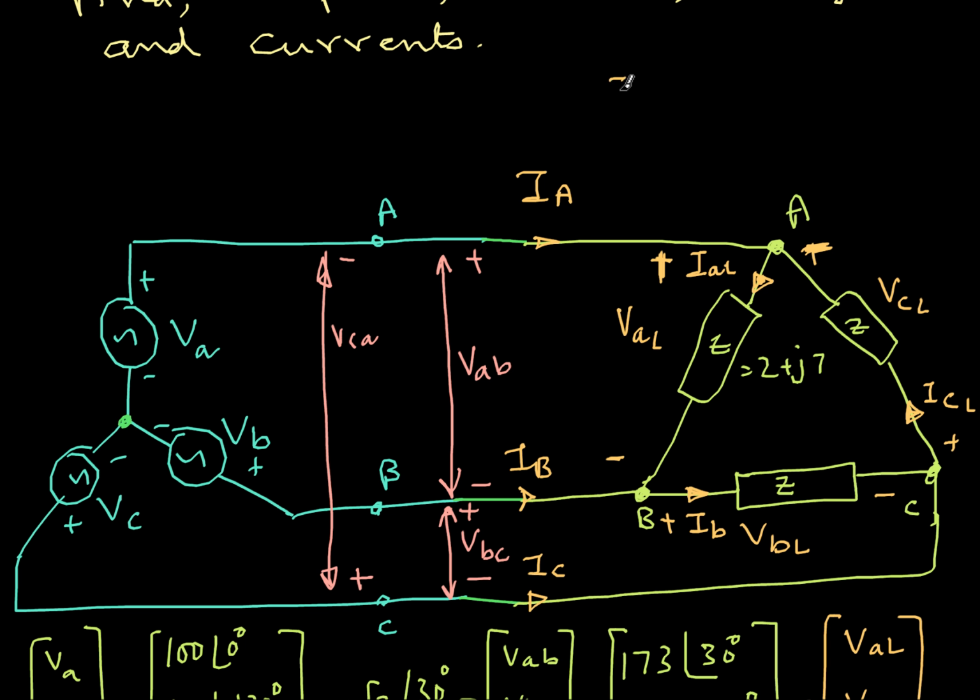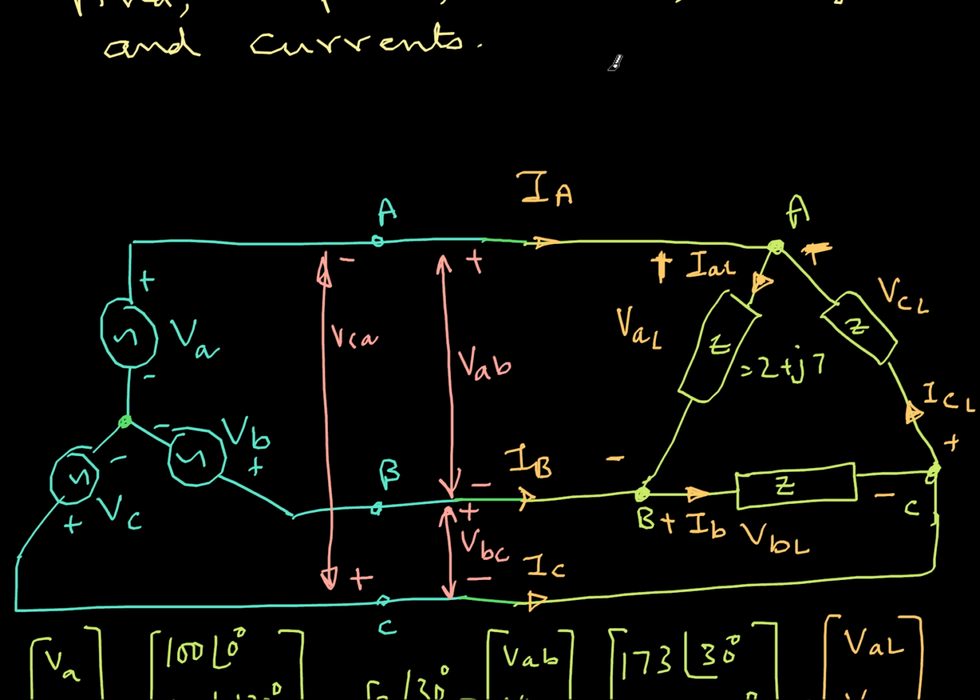Let me write it here: IA equals ICL minus IAL. So this is the first one. So what is IB? IB is the incoming current, and the outgoing current is, I'm sorry, I think I made a mistake.